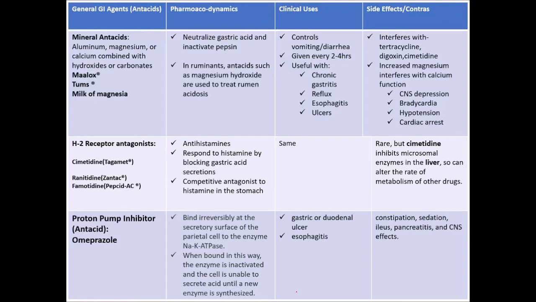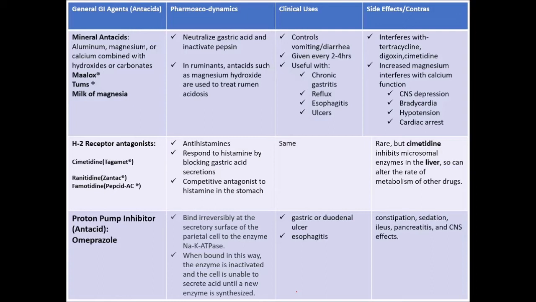It controls vomiting and diarrhea, and can be given every 2 to 4 hours. It's useful with chronic gastritis, reflux, esophagitis, and ulcers. It can interfere with tetracycline because tetracycline binds with calcium, as does digoxin and cimetidine. It increases magnesium and interferes with calcium function, so we can see CNS depression, bradycardia, hypotension, and cardiac arrest.